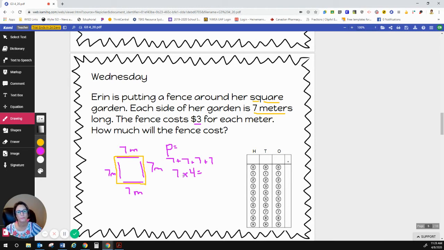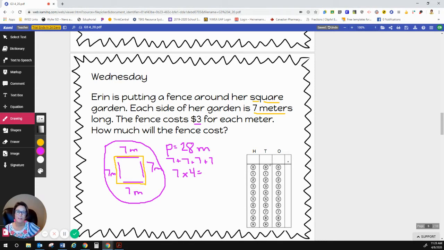What is my total? Okay, you guys know that 7 and 7 is 14, so I can double that. 14 and 14 becomes 28. Okay, so my perimeter, my distance around this garden, where I'm going to put that fence, is 28 meters.